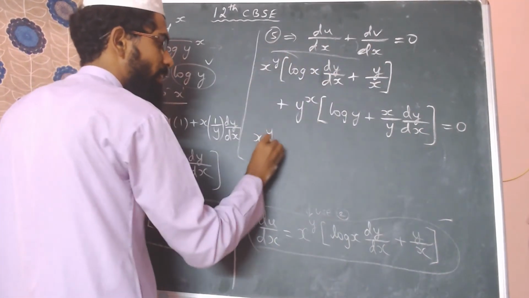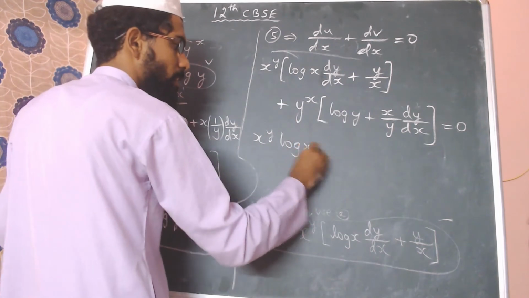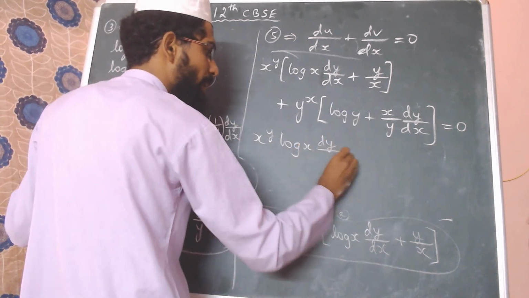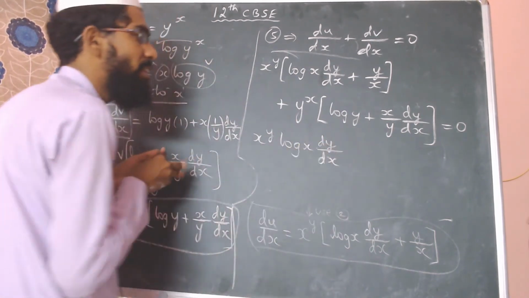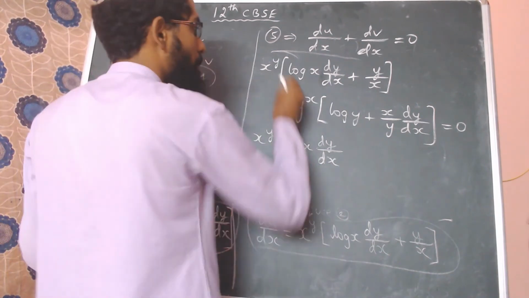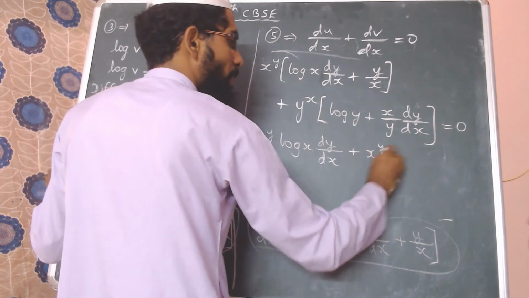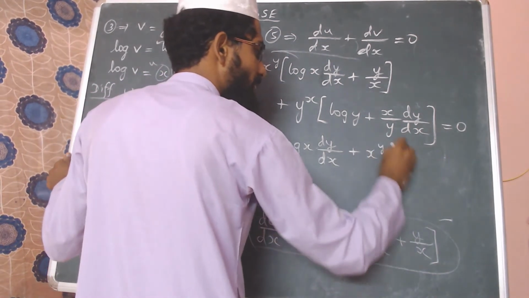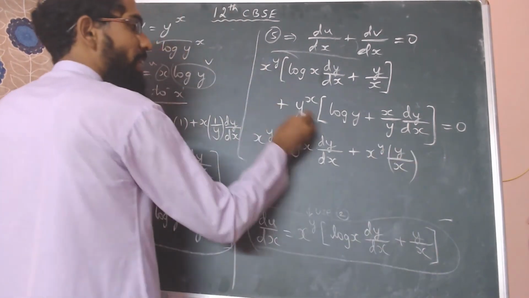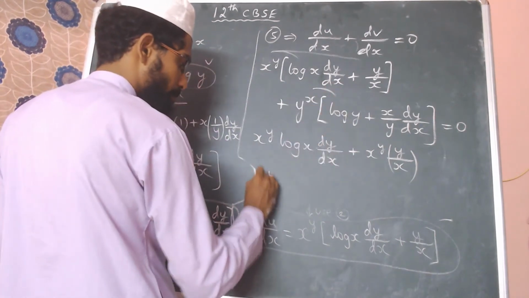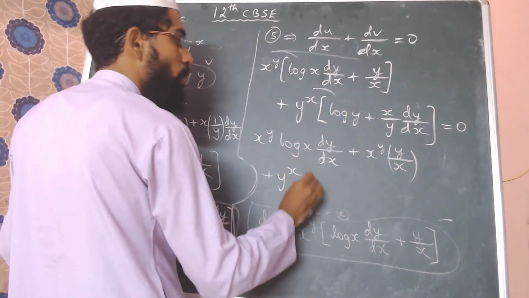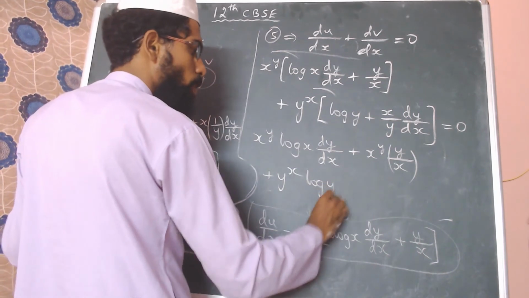X power y log x dy by dx. If I multiply with this, I will be getting plus x power y into y by x. Plus, if I multiply this, what will I be getting? Plus y power x log y.